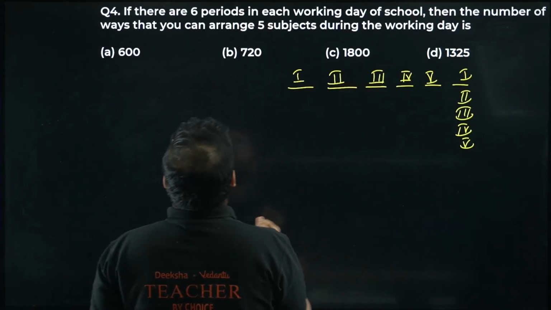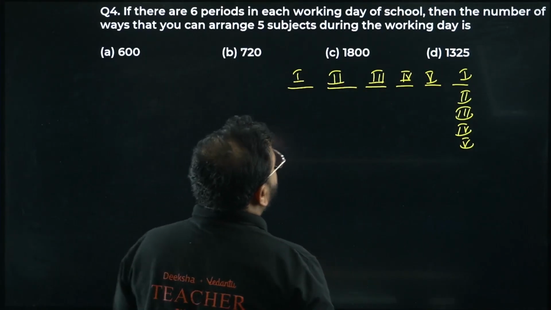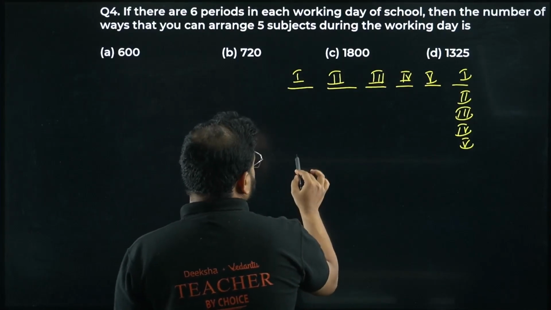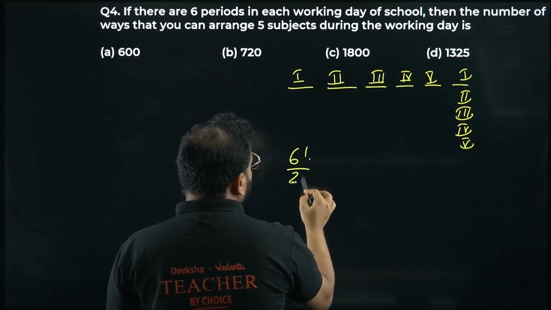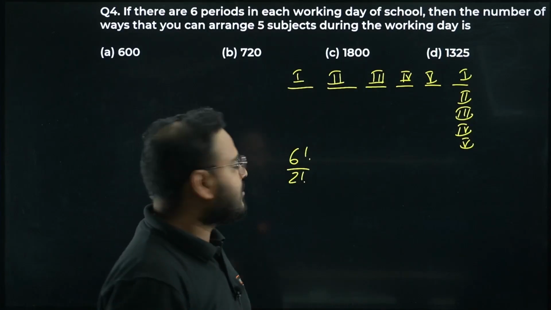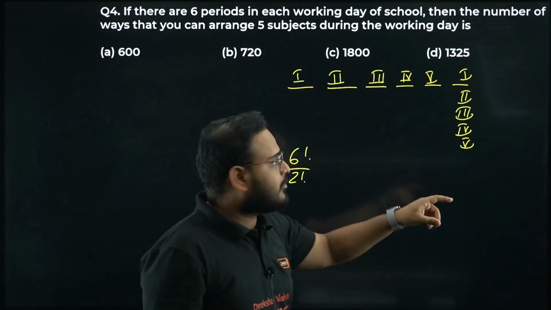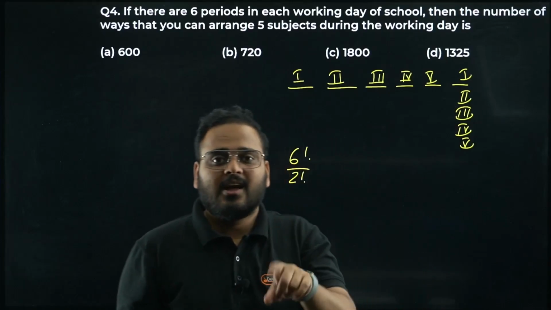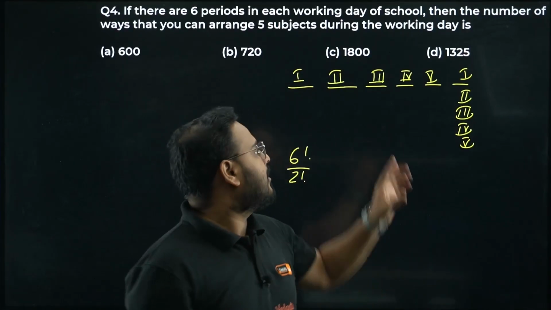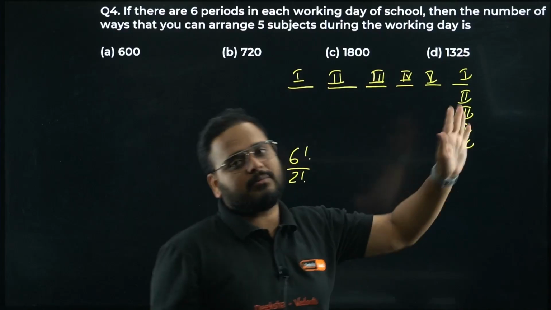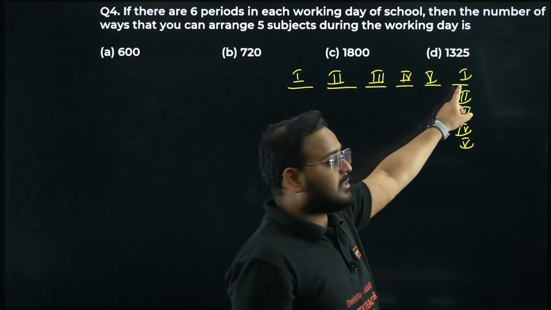So my arrangement, if you check, it will become total of 6 periods, so 6 factorial by 2 factorial. Correct, sir? Why 2 factorial over here? Think about it. Because whatever case I take, for the last session, I have a subject which will repeat itself. Because for the first 5 I have taken subject 1 to subject 5, but last is a free period.